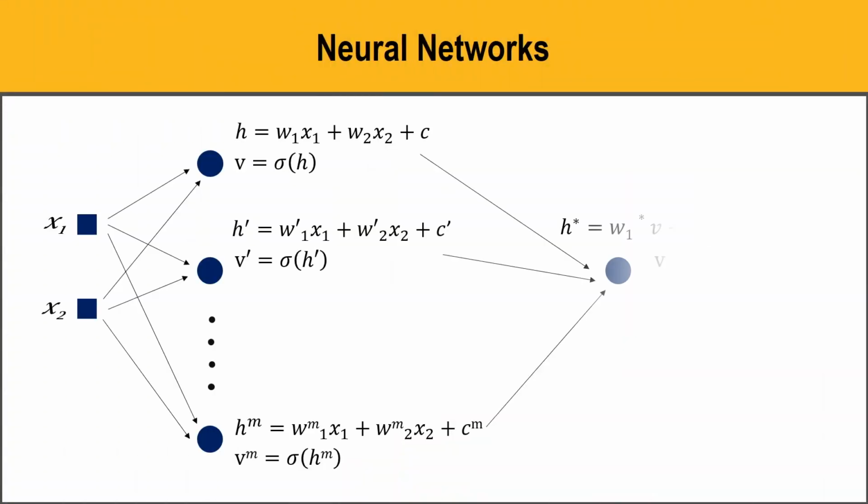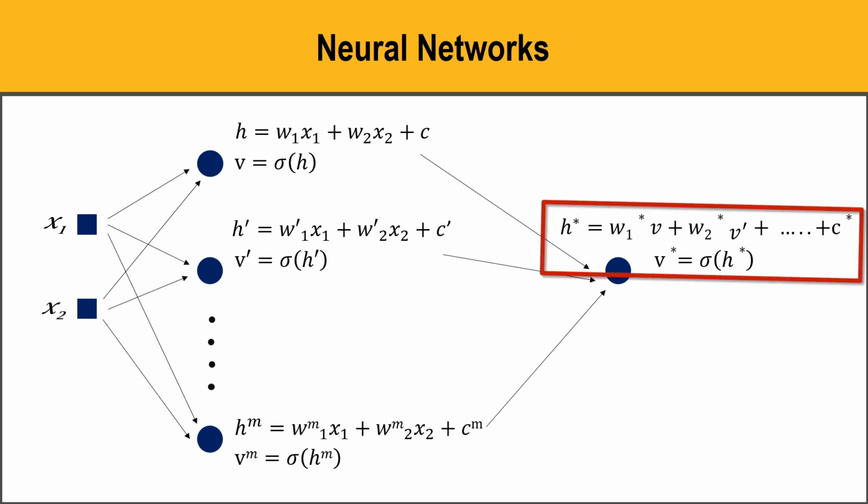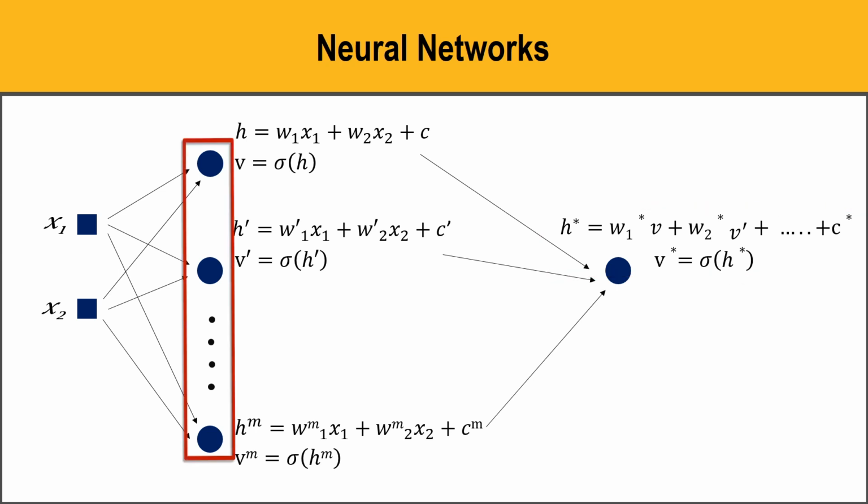So here this is the neural network model, and you can see that you have the input nodes, that is x1 and x2, they are the input data, and you have the output nodes h star and v star, and in between you have the hidden layers where you have a number of nodes. The number of nodes depends on how many lines are required for this nonlinear classification.